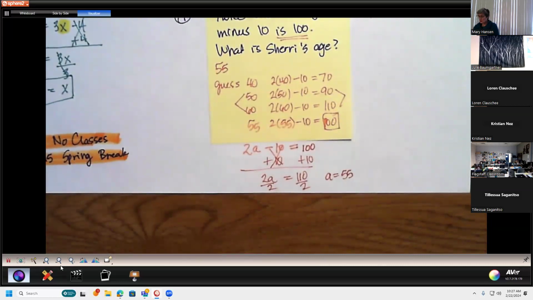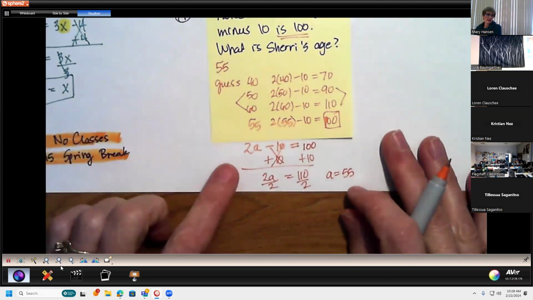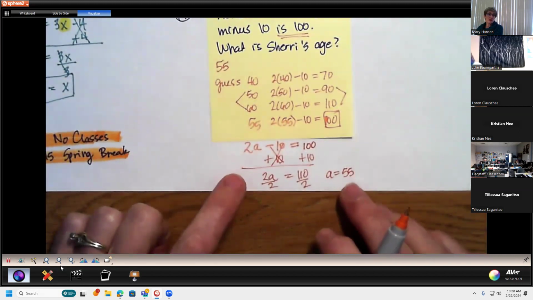Okay. So number 7 is kind of a precursor of where we're going to be heading after our break. We're going to do all this solving and try to get practiced up with just numbers and letters. And then we're going to expand our knowledge and our skill set to work with how we turn word problems into algebra equations to solve them.